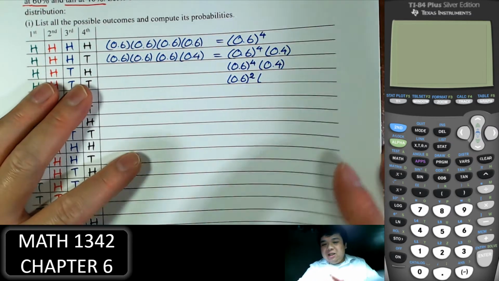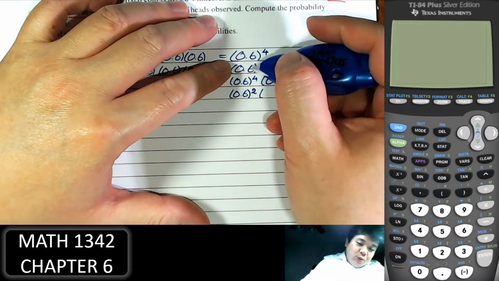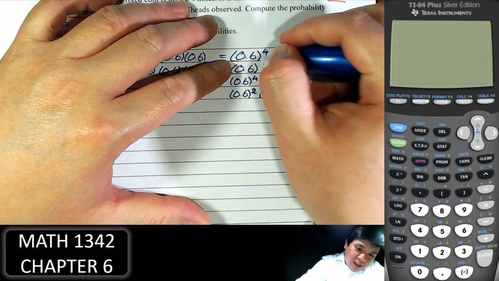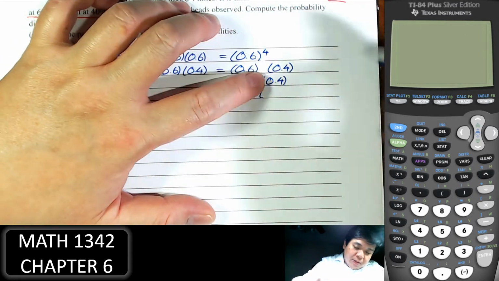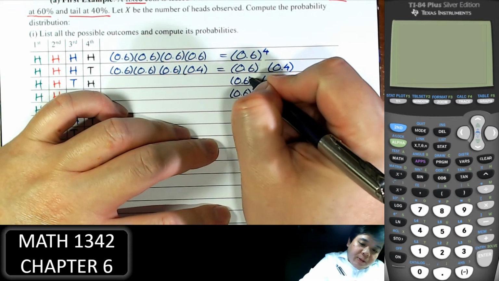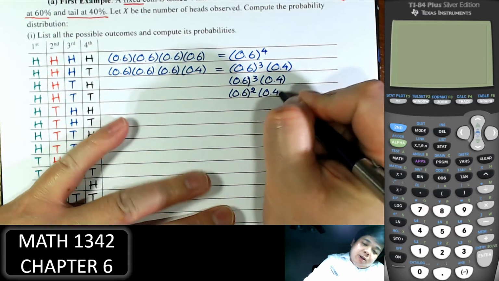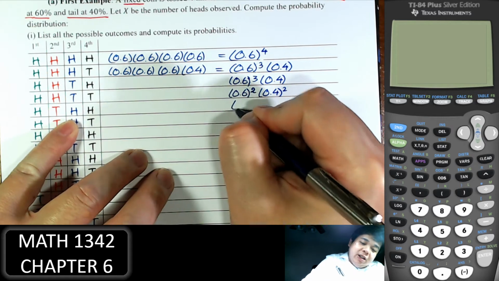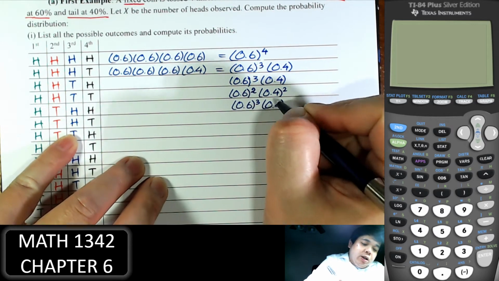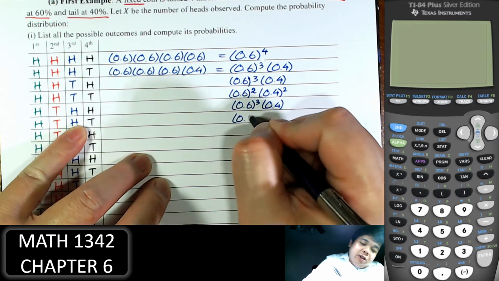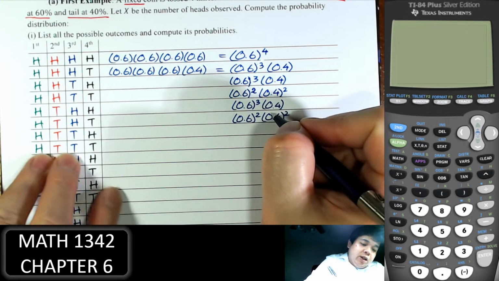Sorry, yeah, 3 heads and 1 tail, so this should be 0.6 cubed times 0.4. Then 2 heads, 2 tails: 0.6 squared times 0.4 squared.